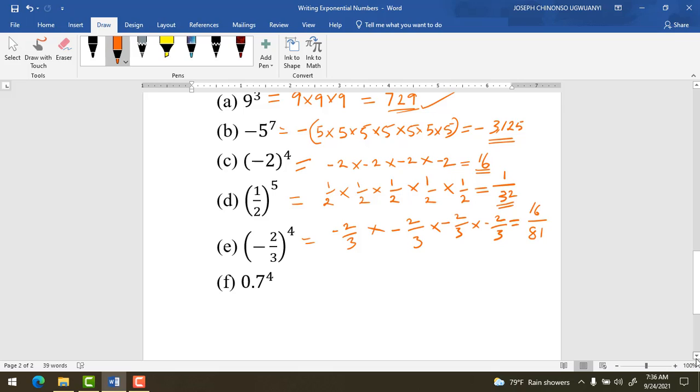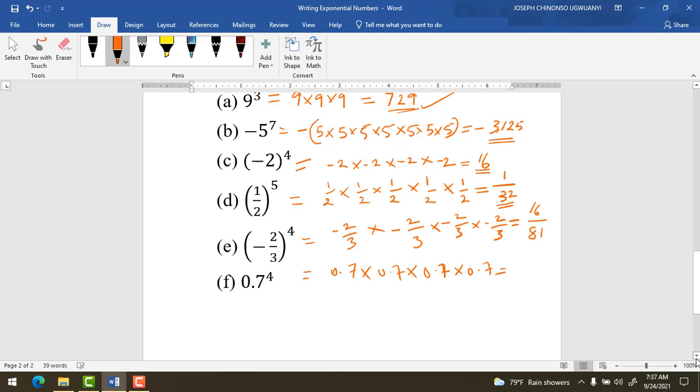We have 0.7 exponent 4. Can we deal with it? Yes, let's go. So we have, in this case, 0.7 times 0.7 times 0.7 times 0.7.